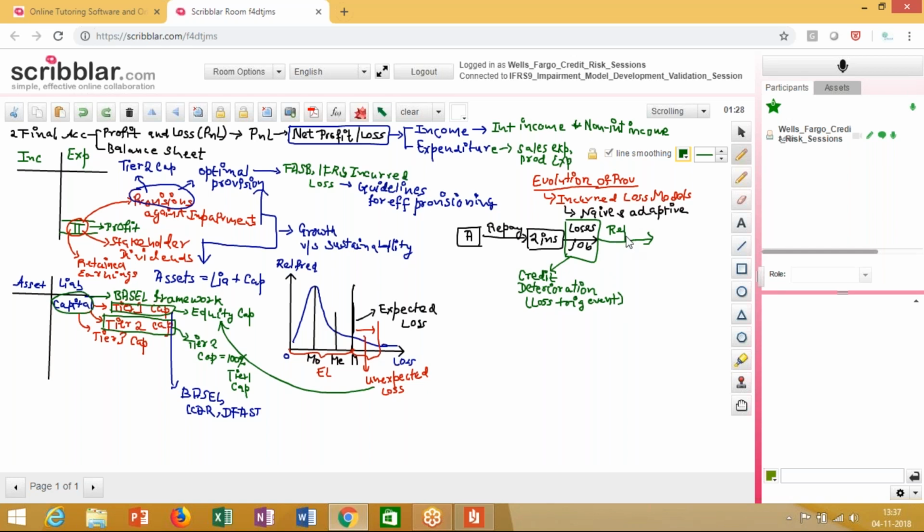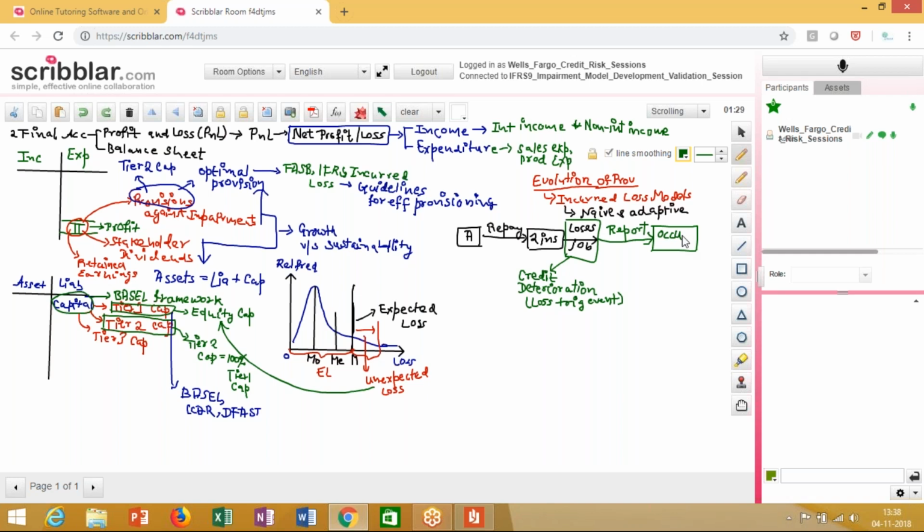Once the report is made, the loss is noted, right? That's the occurrence date for the bank.